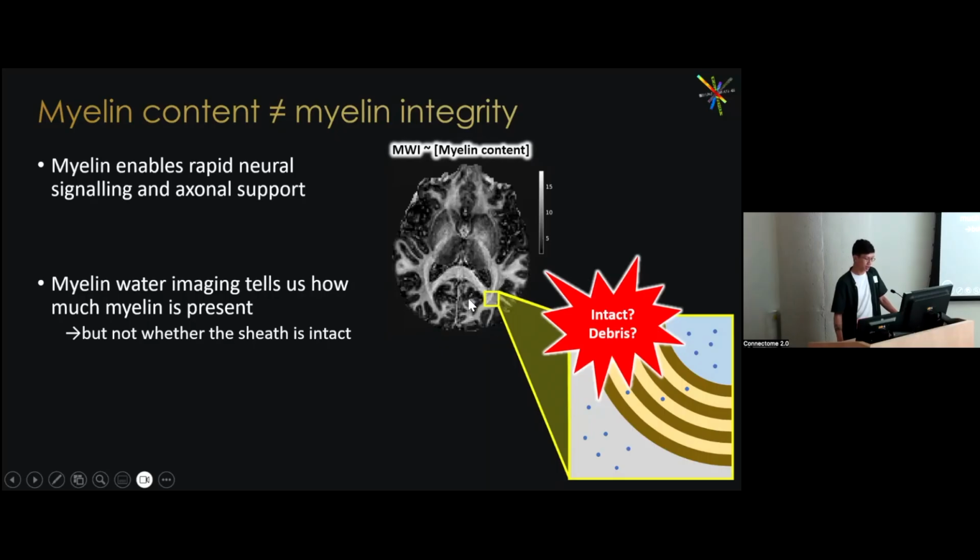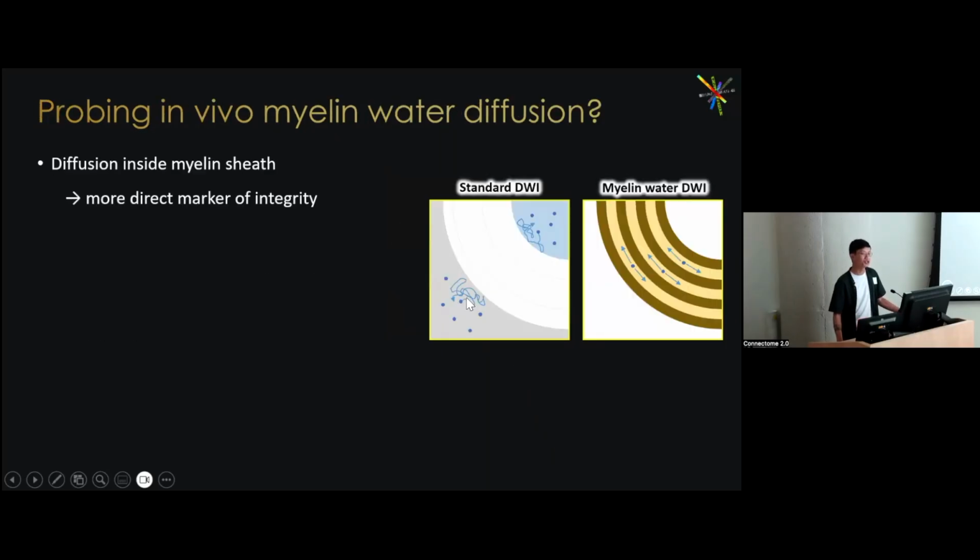So it would be nice to have a way to have more direct access to the myelin shield's integrity. One way we think might be interesting is to use diffusion, because we can measure the diffusion. If we can measure the diffusion inside the myelin shields, this might provide more direct markers of the shield's integrity.